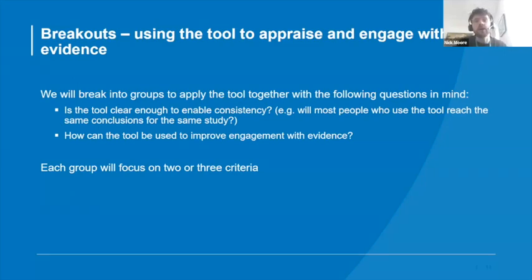As we go through the items, I'd be really keen to hear any views from the group about the work you do, how you use evidence, and whether a tool like this excites you or you find it interesting. I'm keen to hear how people have engaged with these kinds of tools in the past. So in addition to going through the tool, please do have that in mind. Thanks.